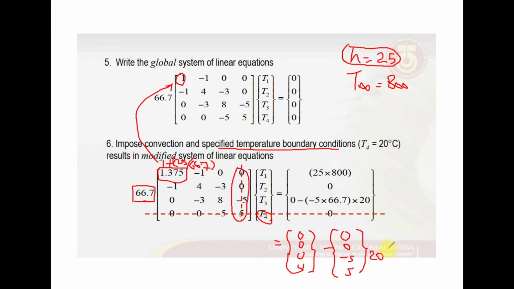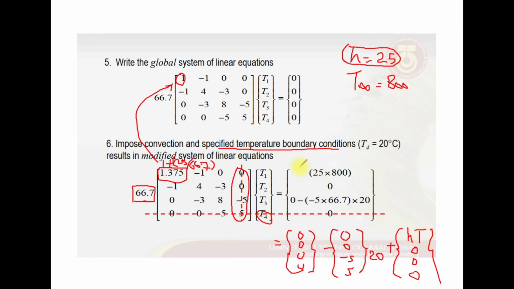For the heat rates of the convective process, the right hand side equations must be modified to include H multiplied by T in our first equation, in this case H equal to 25 multiplied by 800.